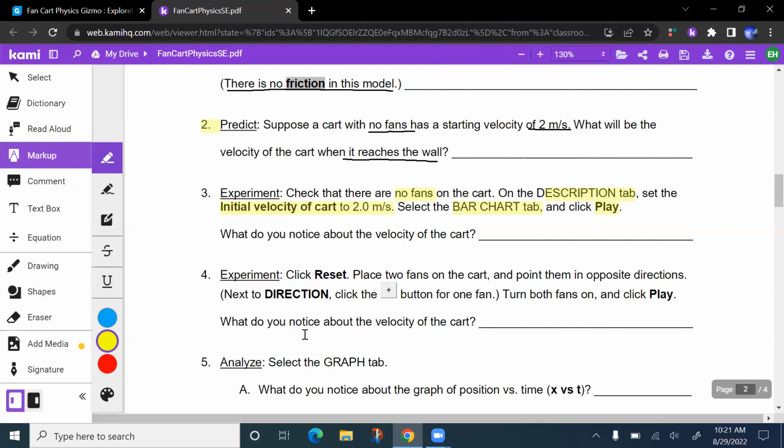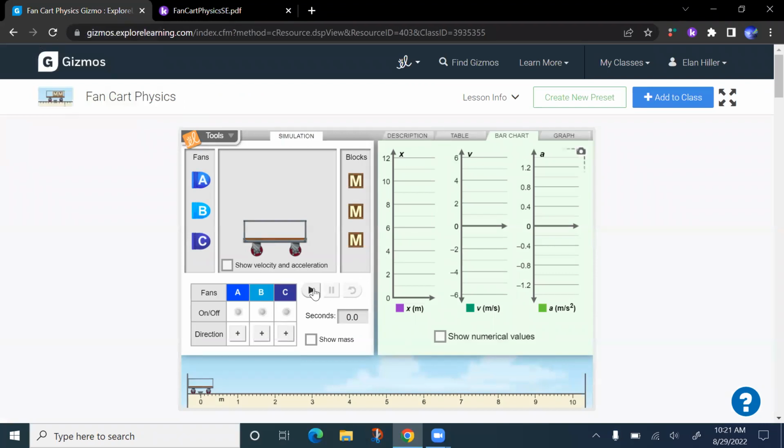Click play, and you'll notice that although the displacement went from 0 to 12, the velocity, and I'll play it one more time, remained the same as it started at 2 meters per second.